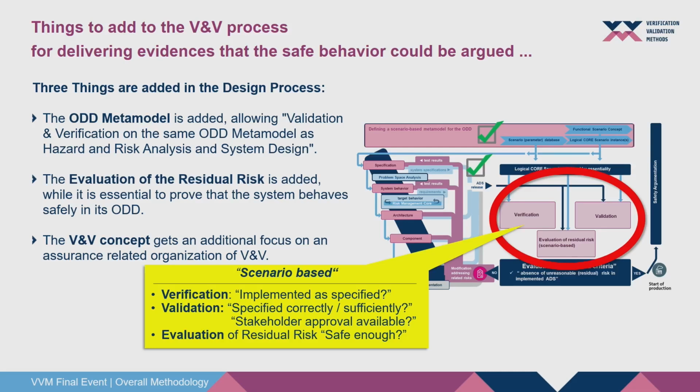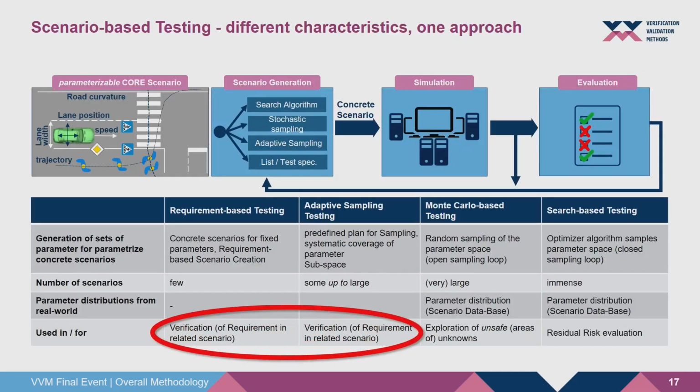So the main pressure is on the validation and verification concept, which arranges the results that we have, the evidences we have to get for the argumentation. In verification, we must prove that the automatic driving system is implemented as specified. So the task is testing requirements.